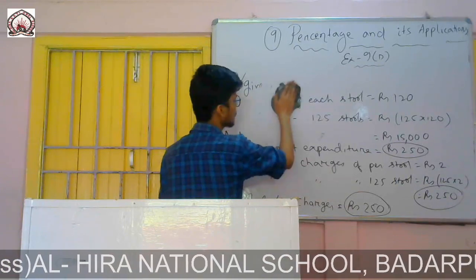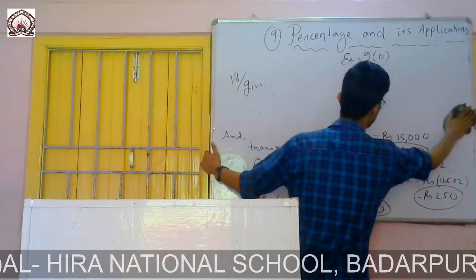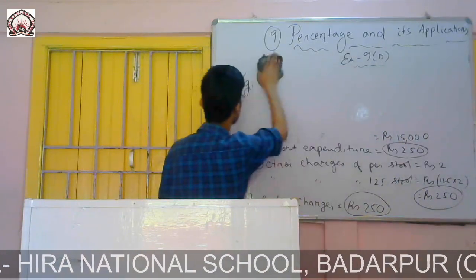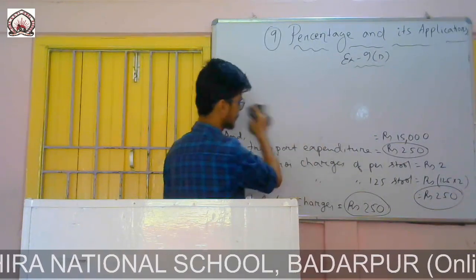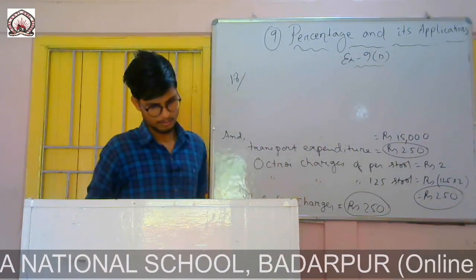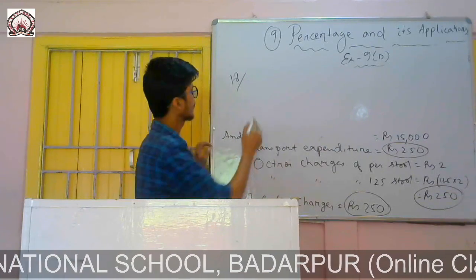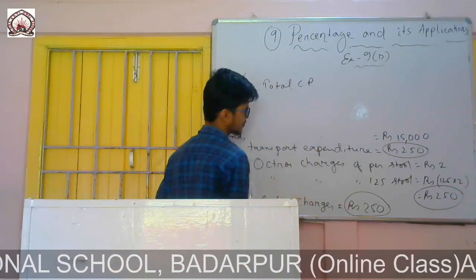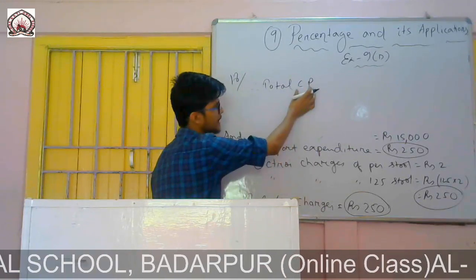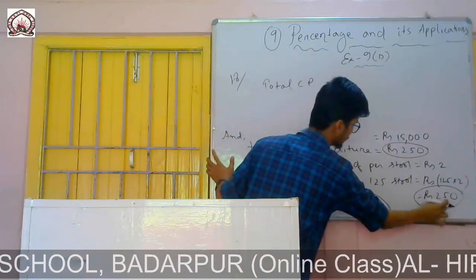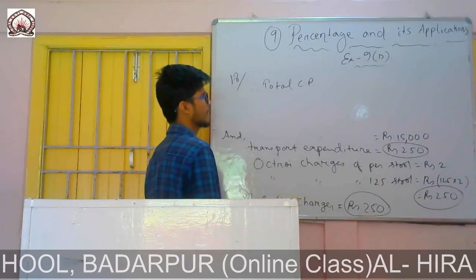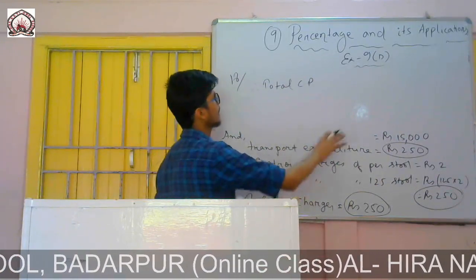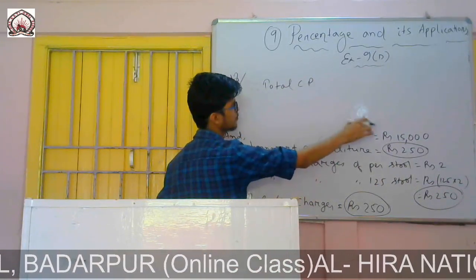Or you can first find the total expenditure and then add it. It's up to you, whichever way you feel comfortable. I'll do it directly. The total expenditure will be 250 plus 250 plus 250, that means 750. Then total CP equals this one plus 750.